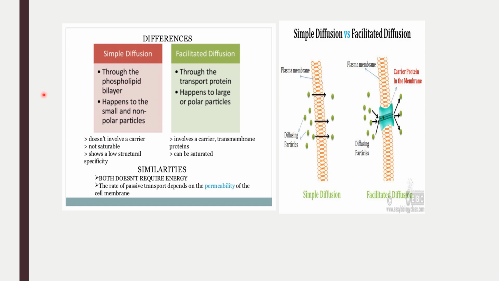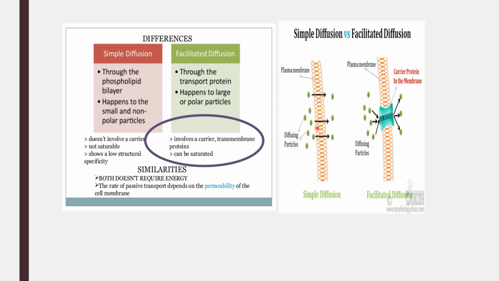In case of simple diffusion, it occurs through the phospholipid bilayer of the cell membrane, and it mainly happens for small and non-polar particles. Whereas facilitated diffusion requires a carrier protein, a transmembrane carrier protein.